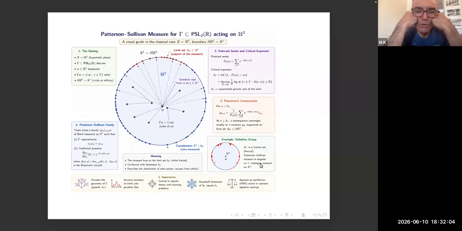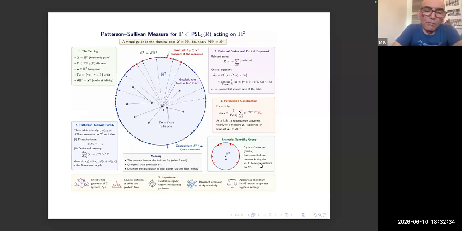This has to do with Fuchsian uniformization of Riemann surfaces. So you have this Poincaré disk, or you can also work with the upper half plane, but the Poincaré disk H2 is perhaps more convenient.